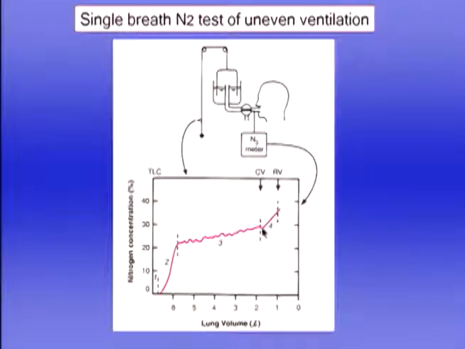You'll see that towards the end of the expiration there was a sudden rise in the nitrogen concentration, and this indicates what's called the closing volume. It's caused in normal subjects by the closure of airways at the bottom of the lung. And when that happens, the apex of the lung contributes to the expiration, and that has a higher nitrogen concentration. Now, the closing volume is sometimes a useful measurement to make.